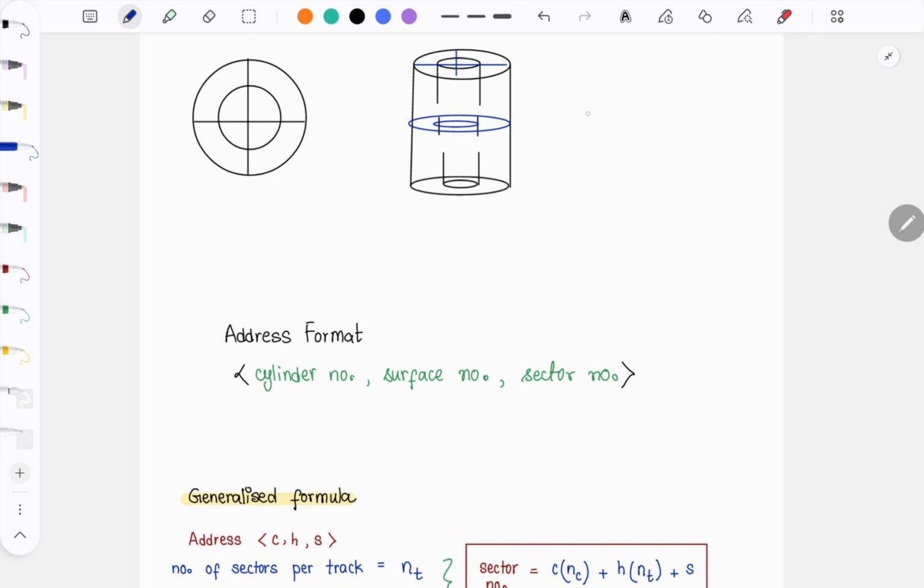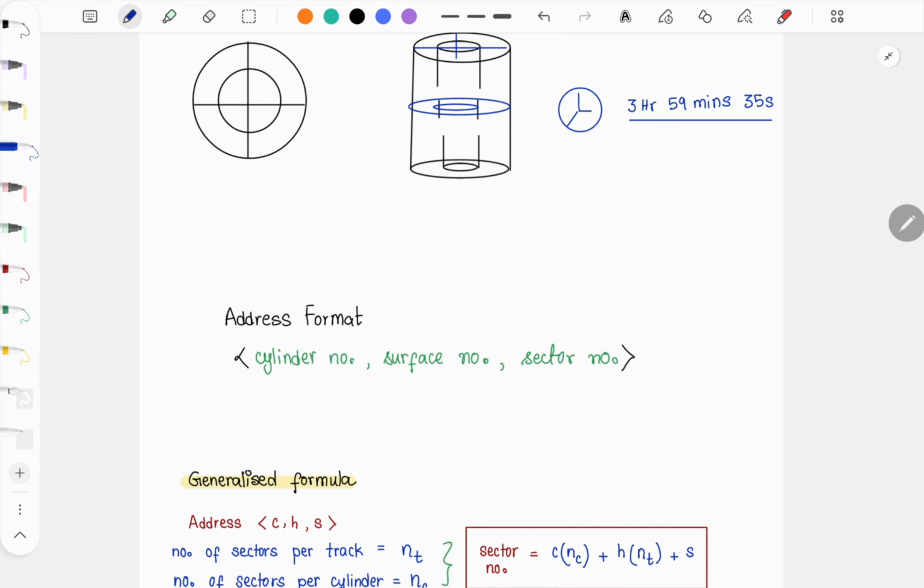Now as we know how clock timing is measured, if I want to decode this clock and tell it to any person, I can say it is roughly 3 hours 59 minutes and 35 seconds. This is an approximate measurement. In a similar manner, we can show the sector number in this kind of address format.